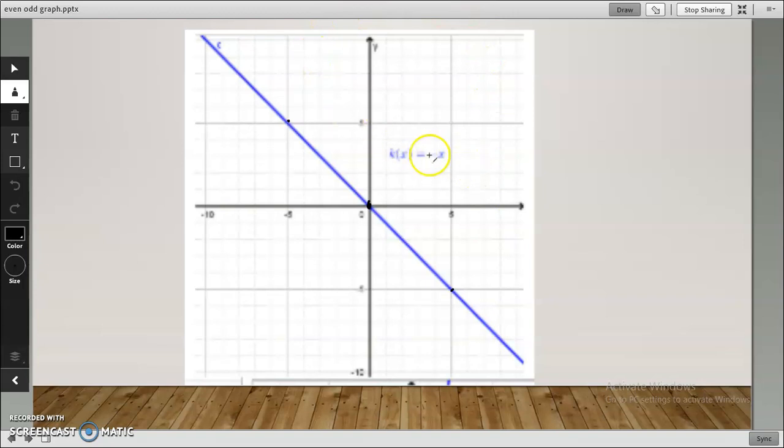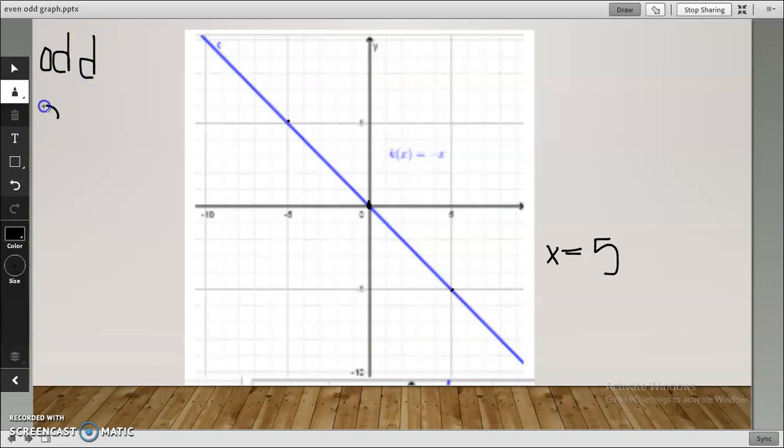If we have this function here, let's take 5 for example. So let's say my x equals 5. I can probably easily see that it's not even, but it definitely looks odd. So let's go ahead and say that it's odd.